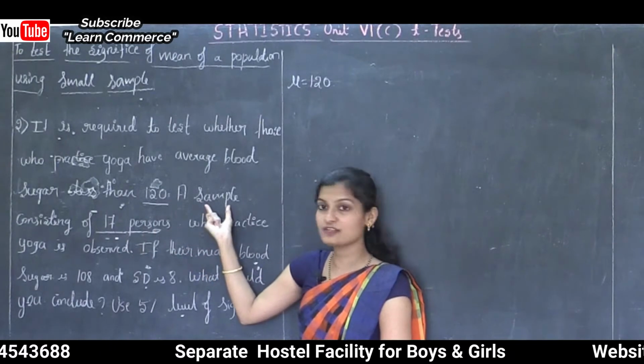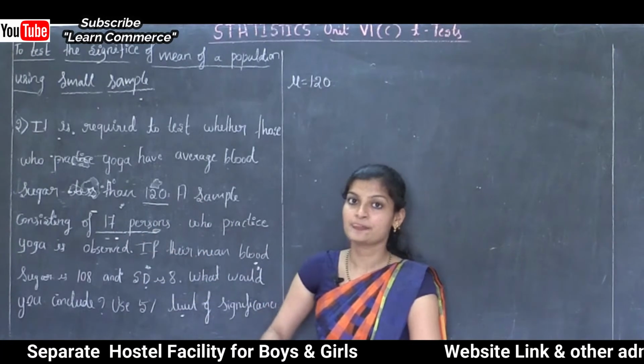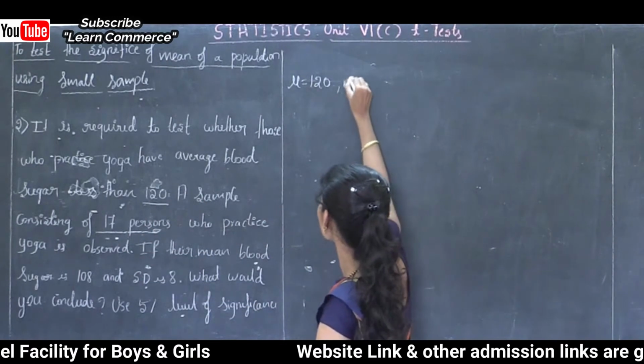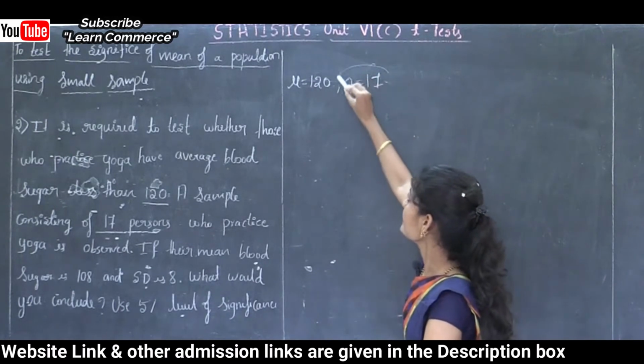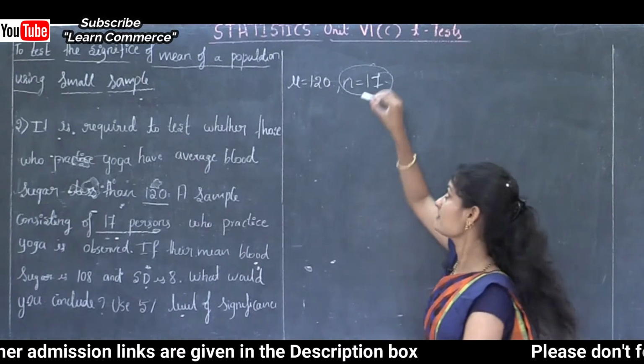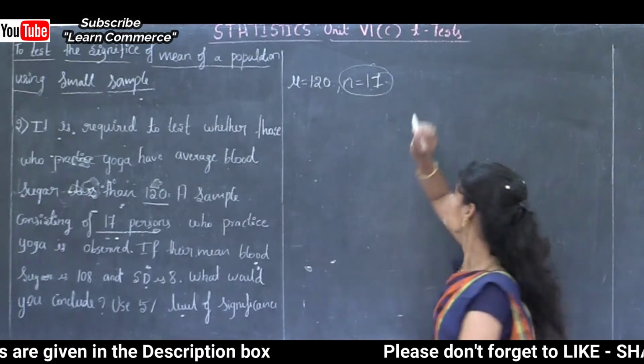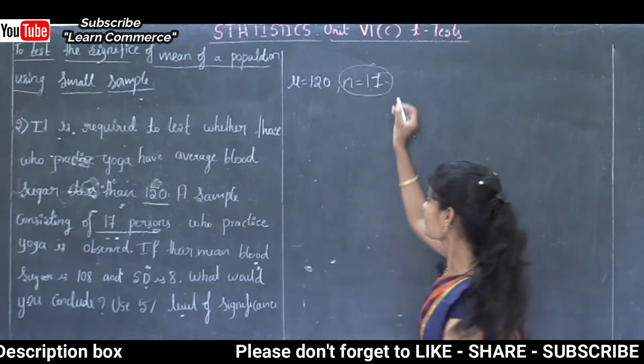This is the sample size, denoted by small letter n. The given value is 17. This 17 is less than 30, so the sample size is less than 30. So this is a t-test.